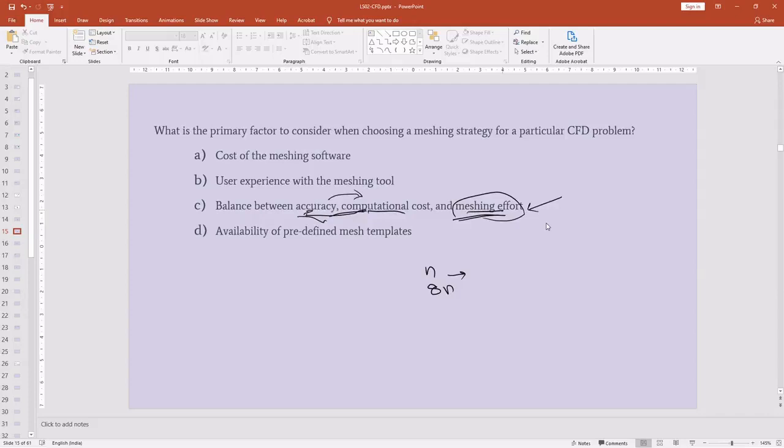So the meshing effort won't be much, because all the mesh parameters, angles, maximum element size, minimum element size will be defined. They only have to strike a balance between accuracy and computational cost. I hope that clears it.